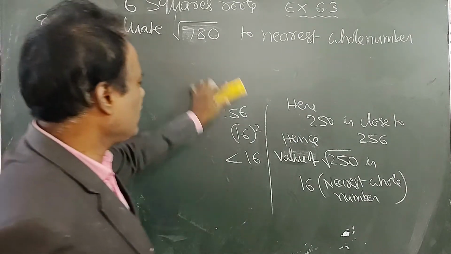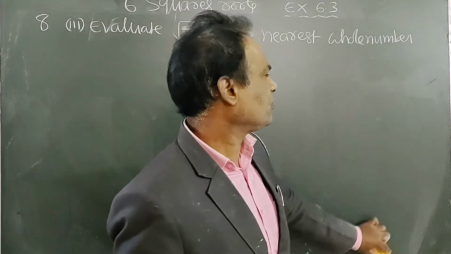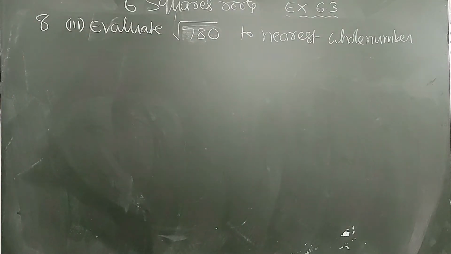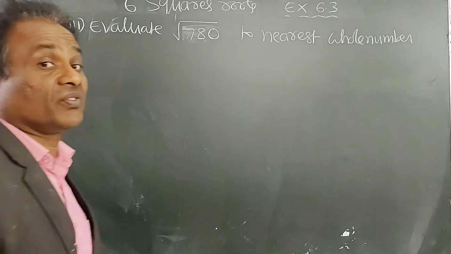It is only the trial method, students. There is no other option. We have a trial method. We have to try. 780 is nearest to which perfect squares? We have to try.